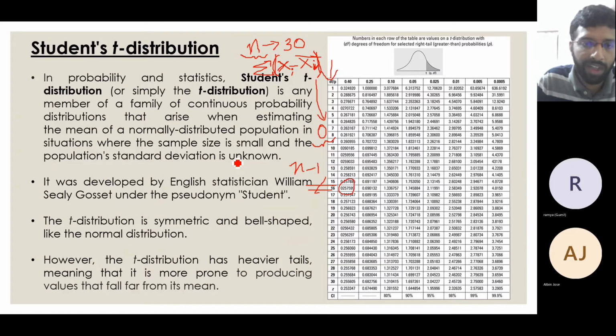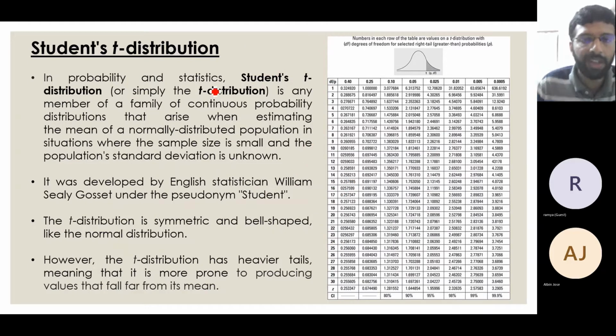So for any given distribution with n samples, if I take all the n samples, they are not independent. But if I take any n minus 1 samples, I can say they form an independent set compared to the mean. That is what is called degrees of freedom. Freedom means how many free moving dimensions there are. So for a distribution with n samples, my degrees of freedom will be n minus 1.